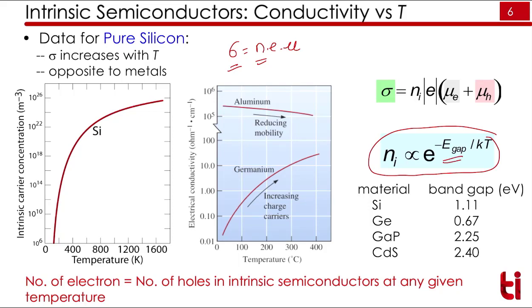Here Eg is the band gap and T is the temperature. As the temperature increases, the number of charge carriers available increases, and due to this increase, sigma will also increase. Remember that for an intrinsic semiconductor, the number of electrons is equal to the number of holes at any given temperature.